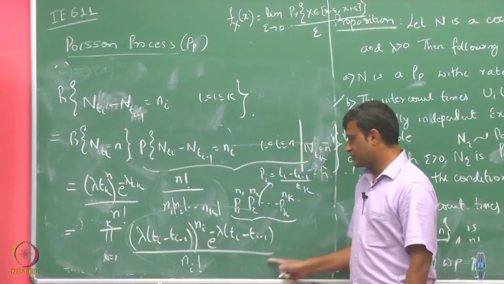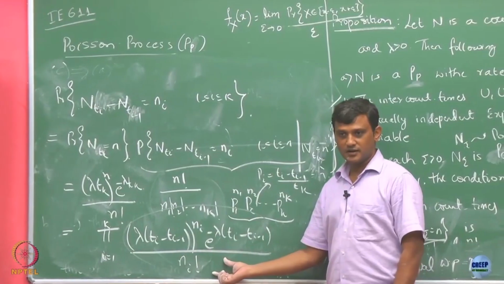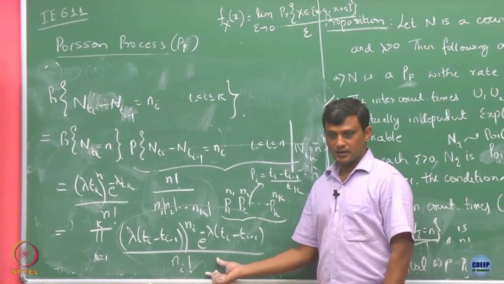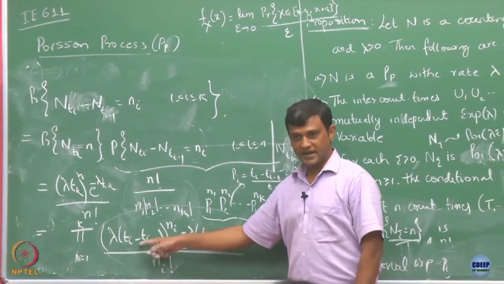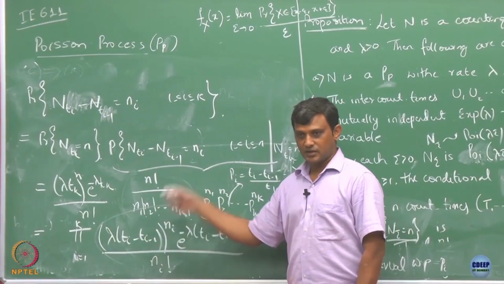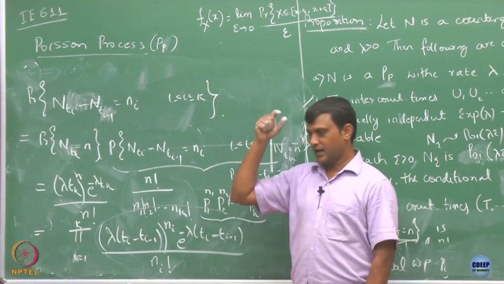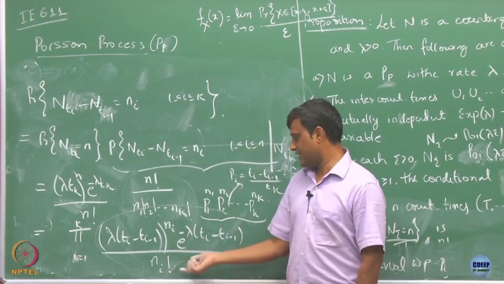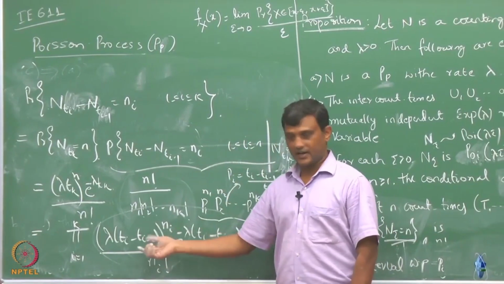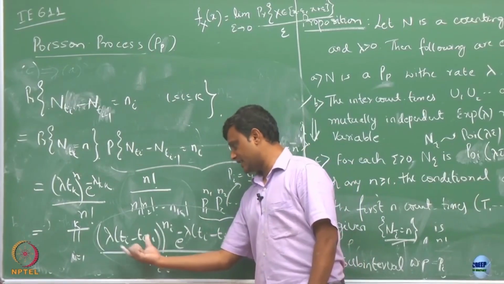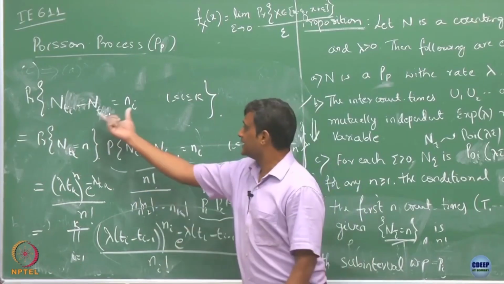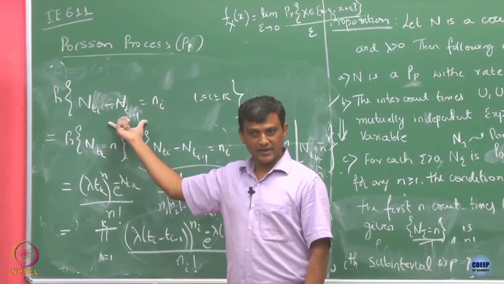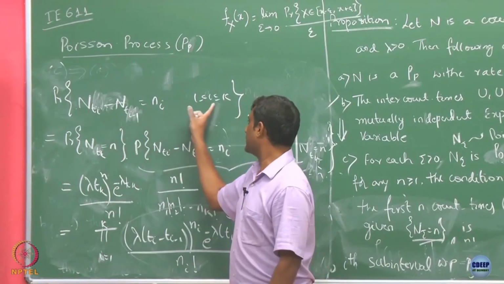That is going to be a Poisson random variable with rate lambda times (t_i minus t_{i-1}). This is nothing but the probability that that random variable takes the value n_i, and that is exactly this value, for a particular i.